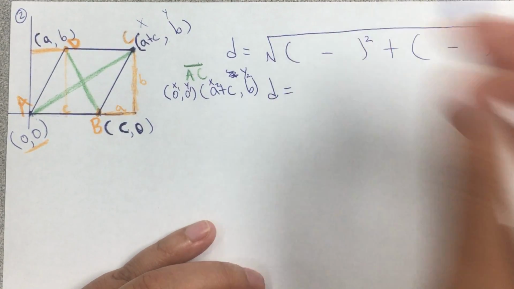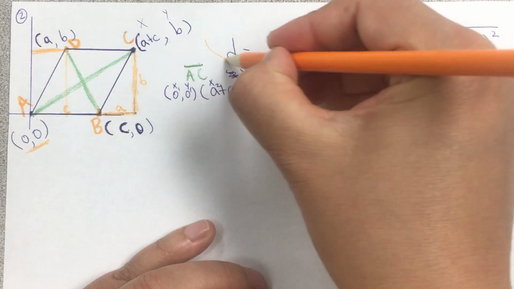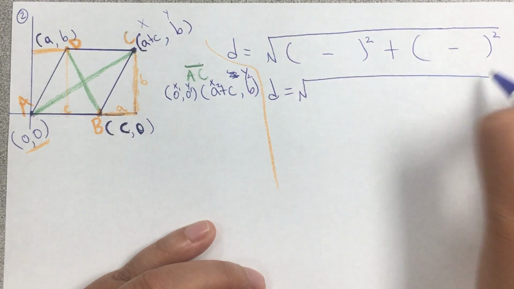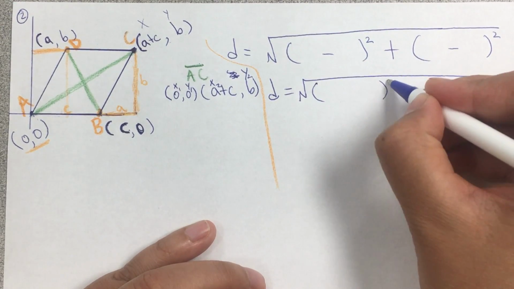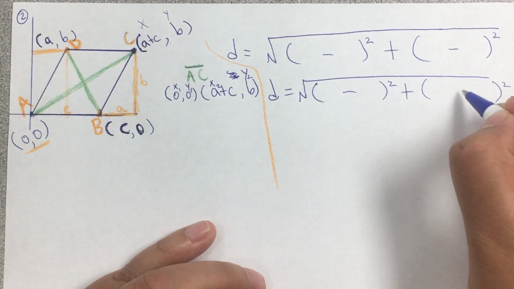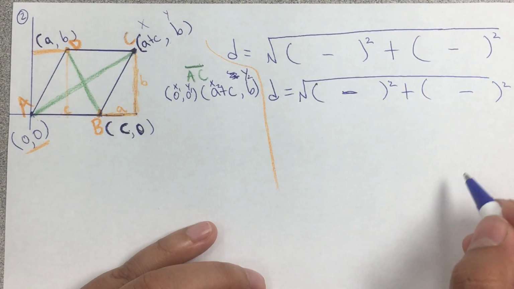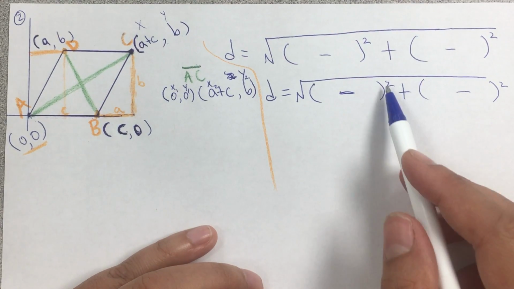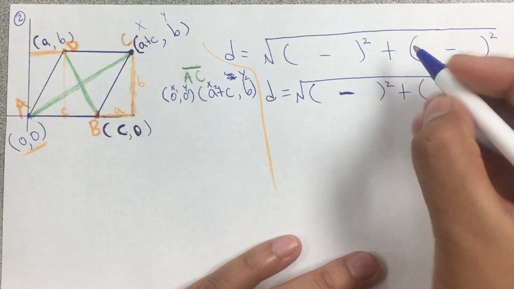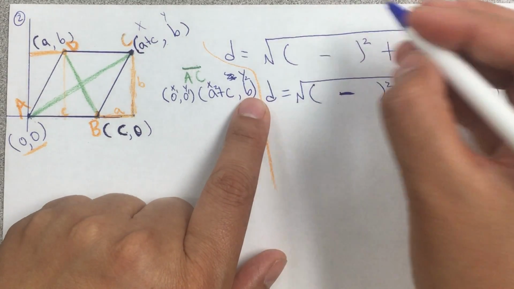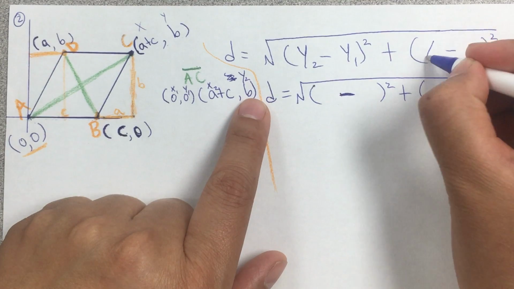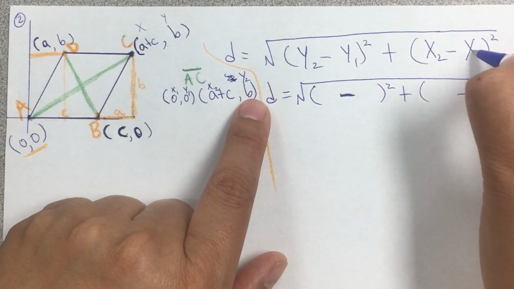And so the distance is equal to the square root of, let's put these sleepy eyes, because they look closed, with nice eyelashes: Y2 minus Y1, X2 minus X1.